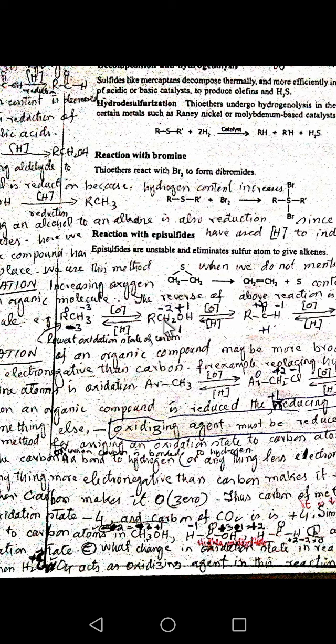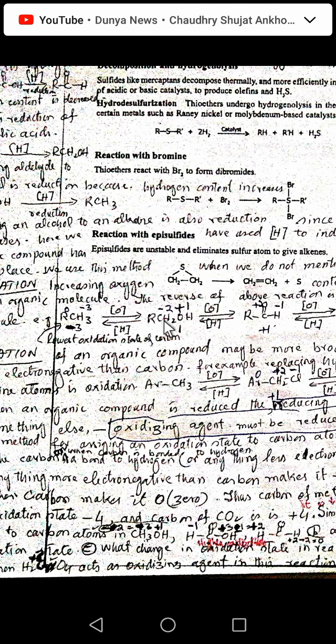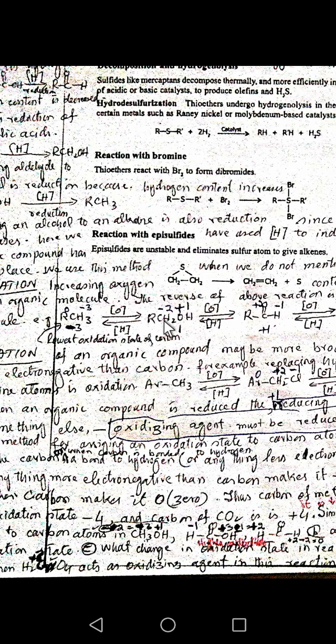So when alkane is changed into the primary alcohol, it is oxidation, because here there is an increase in oxygen content, decrease in hydrogen content, and increase in the oxidation state from -3 to -1, which is called oxidation.